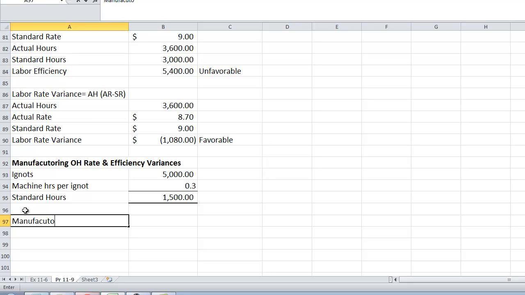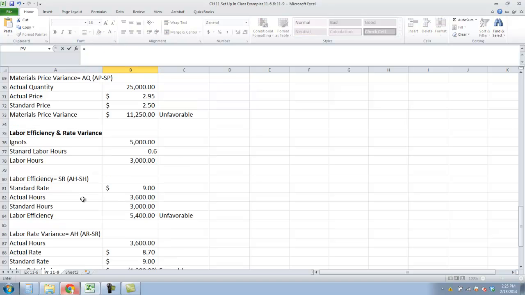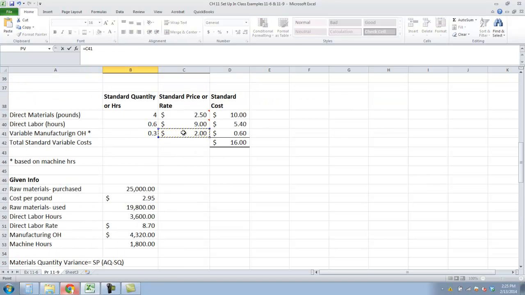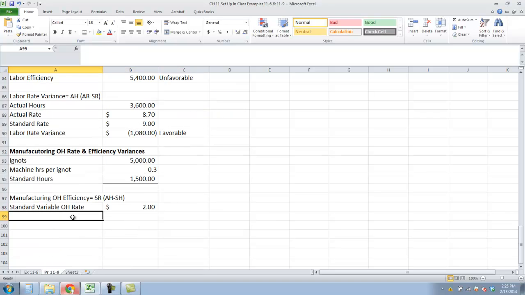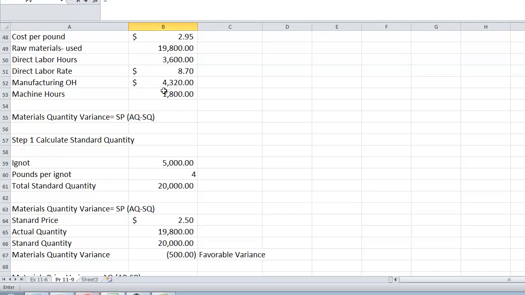So, to figure out manufacturing overhead efficiency, you take the standard rate times actual hours minus standard hours. So our standard variable overhead rate was given in the problem, scrolling up, as $2 an hour. Our actual hours were given in the problem, machine hours, 1,800.